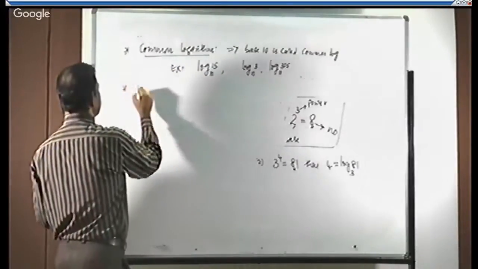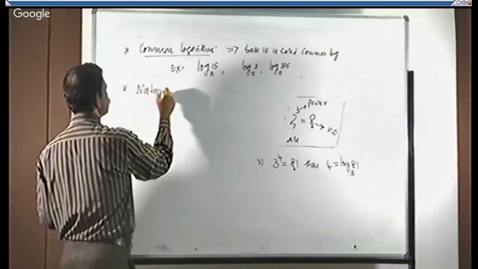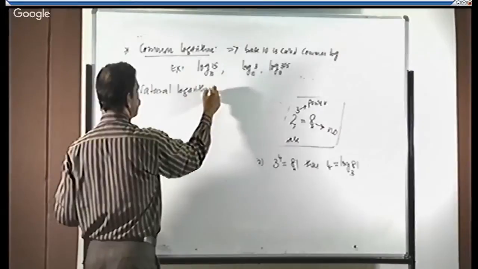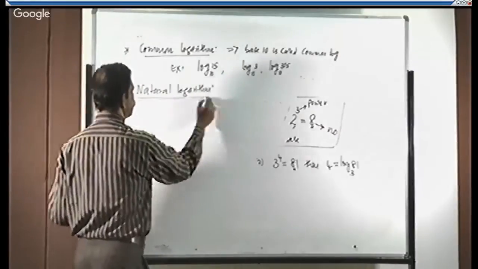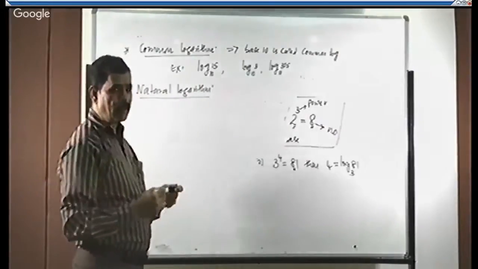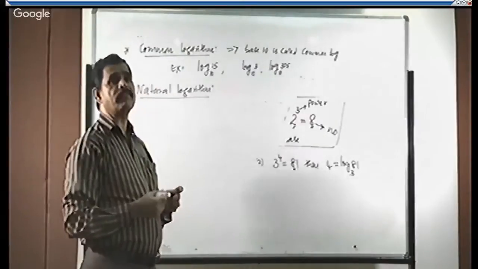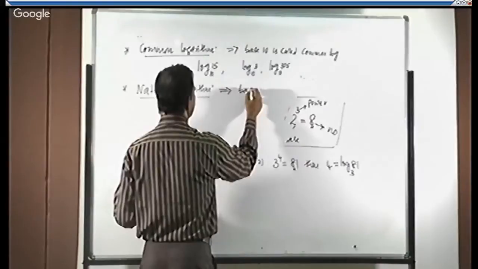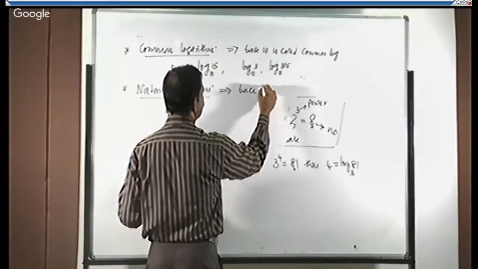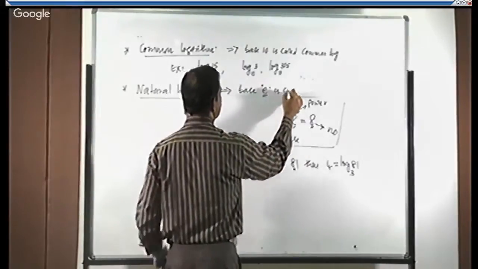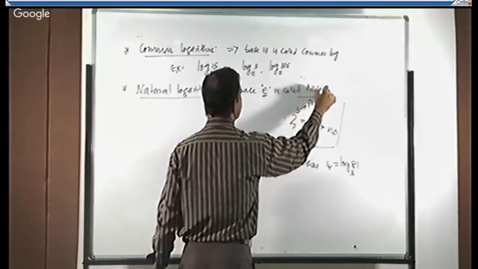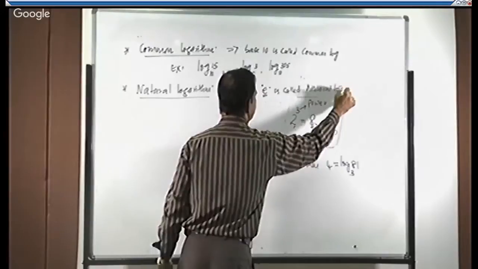The second type is natural logarithm. It is nothing but the logarithm having the base e, exponential. Logarithm having the base e is called natural logarithm.